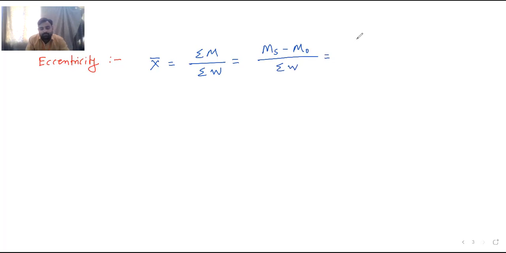So how much is the value? 939.45 minus M0, which is 300.76, whole divided by summation W, which is 389.06. So you will get the value of x bar. X bar is the distance from toe, because we have calculated the stability moment by taking the point at toe. Okay.